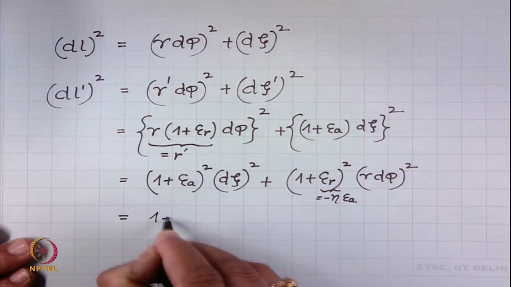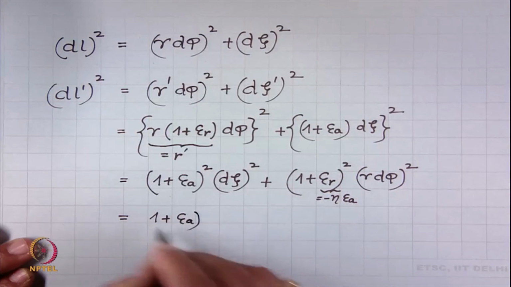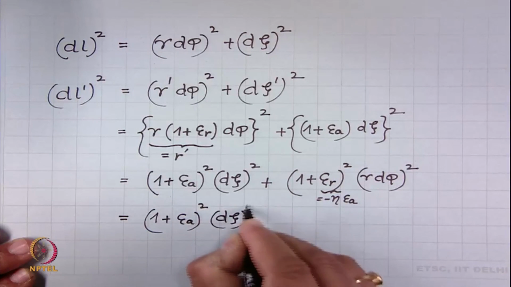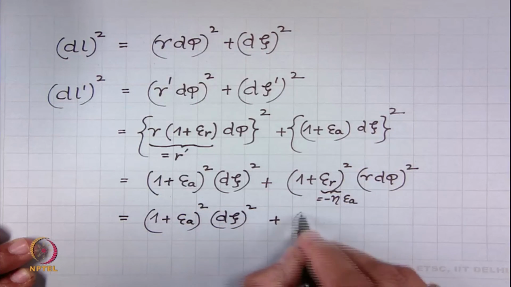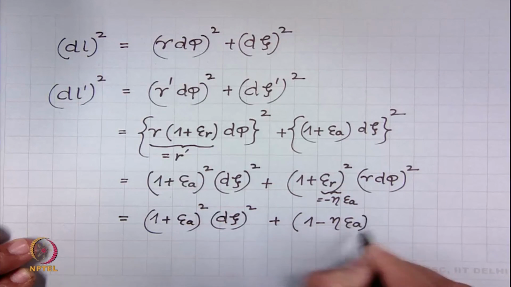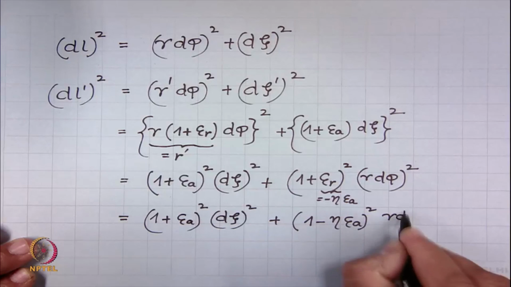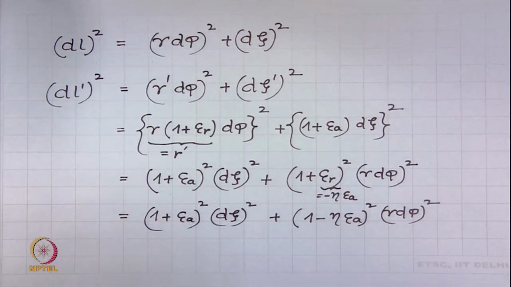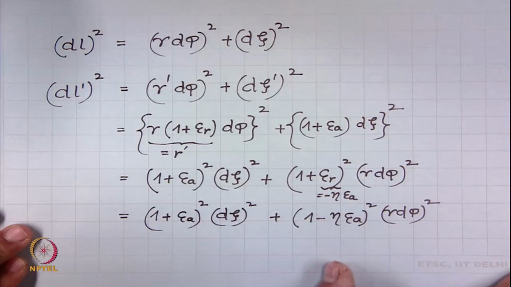So, what we obtain is 1 plus epsilon a squared plus 1 minus eta epsilon a squared r d phi square, right. We continue with derivation.